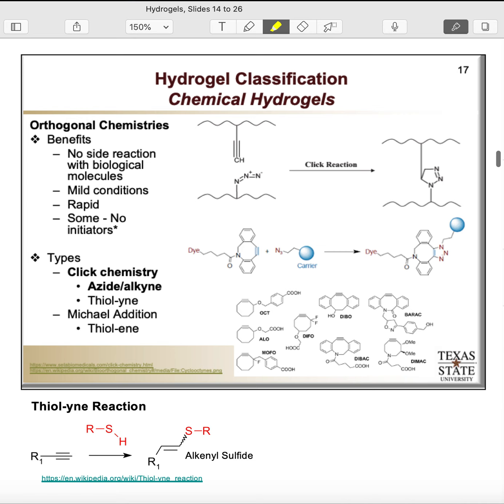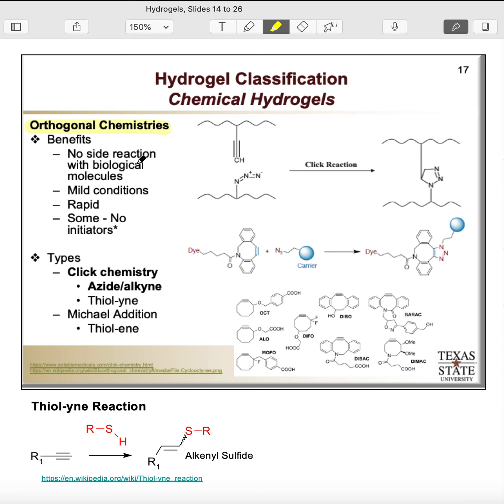Another set of chemistries that have been more recently utilized to create hydrogels are called orthogonal chemistries. Orthogonal chemistries are basically any kind of chemistry that can be carried out in the presence of biological molecules or even live cells, and that have no side reactions with those biological molecules.